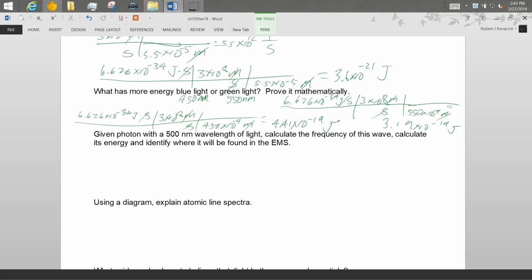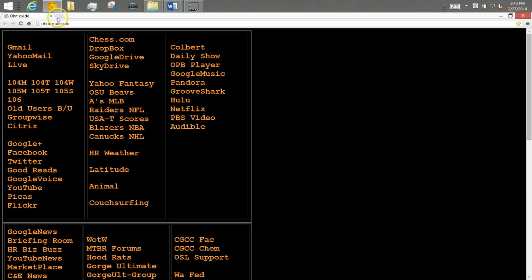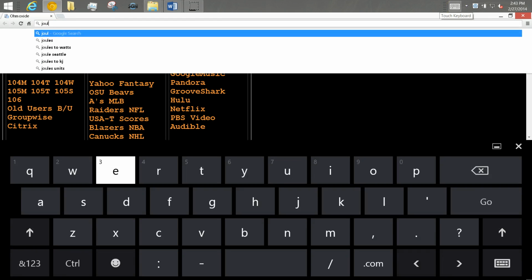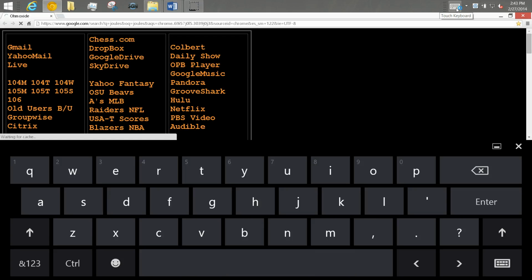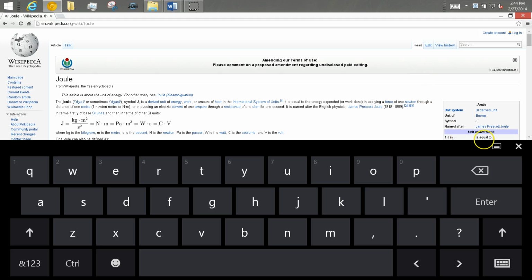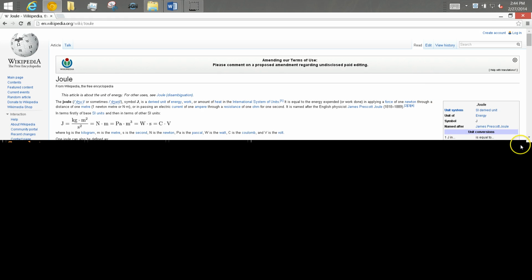But a joule, is that just a unit like meters is a unit? Is joules a base unit? Lordy no. It's a measure of energy, right? Okay, so how do you measure the amount of energy something has? There's a joule.